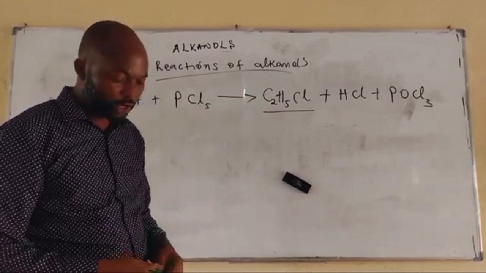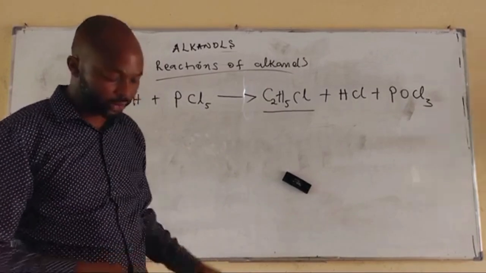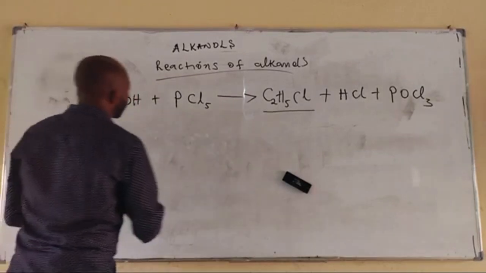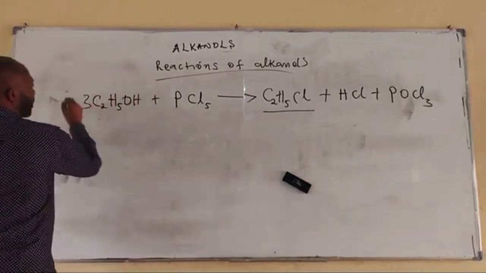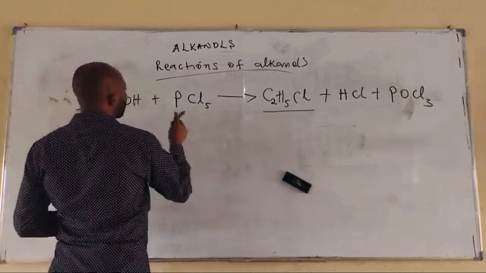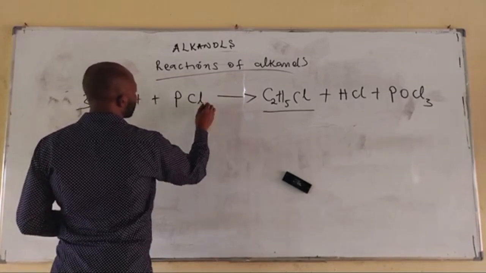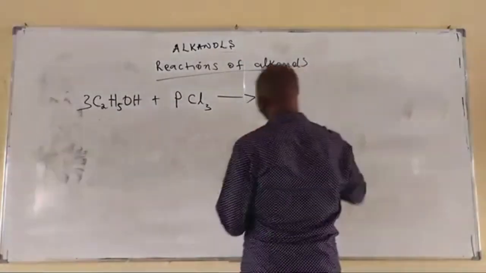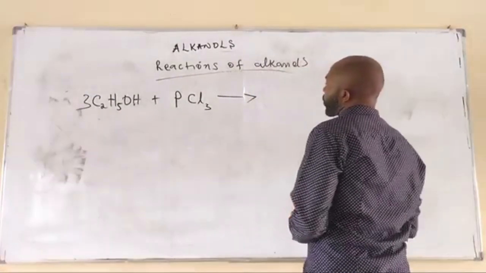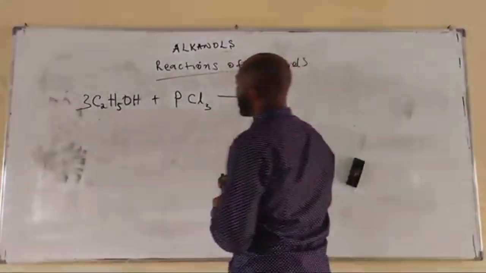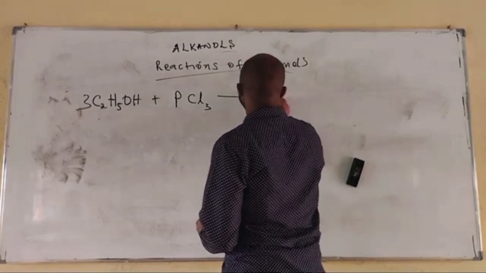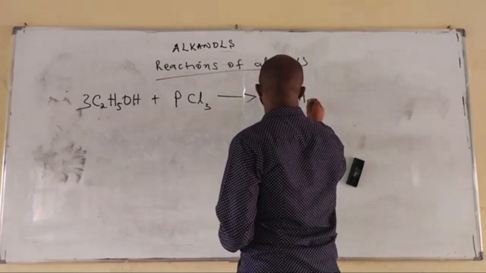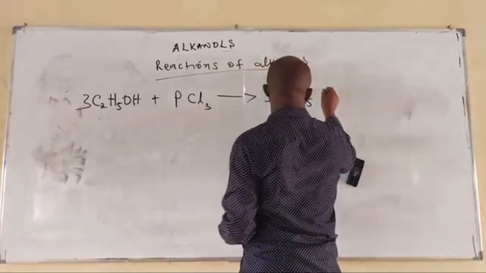Let's take reaction with phosphorus trichloride. So let's take 3 moles of ethanol with phosphorus trichloride. What do we get? It's still going to give us our 3C2H5Cl.